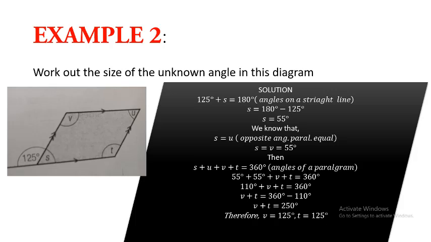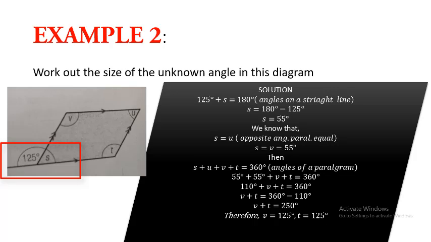Remember, in our previous lessons, we learned that angles on a straight line add up to 180 degrees. So we are going to use that property. Now let us focus on the solution. 125 degrees plus S. Have you seen where 125 degrees and S are?